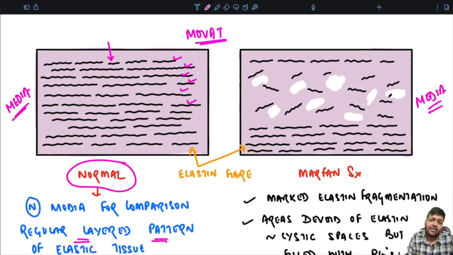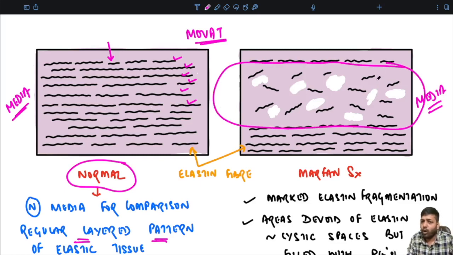But in case of aneurysm, if you look over here, this is the part that has been involved. What you see is marked elastin fiber fragmentation and disarray, and because all these elastic fibers are degenerating, a lot of cystic spaces are created.